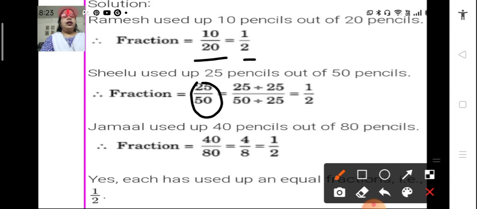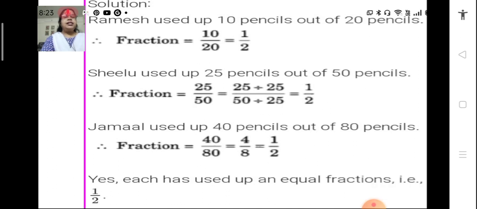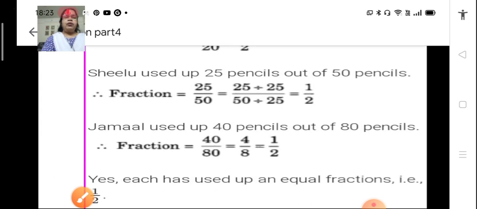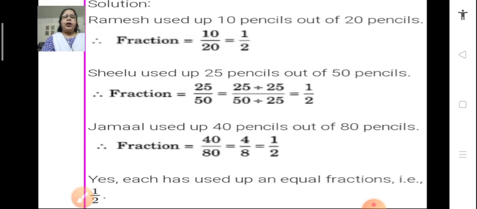And when we divide both by 25, we get its lowest form, that is 1 upon 2. And similarly, Jamal used up 40 pencils out of 80. So the fraction will be 40 upon 80. And in its lowest form, it is 1 upon 2. So yes, each has used up an equal fraction. That means 1 upon 2 of their pencils.